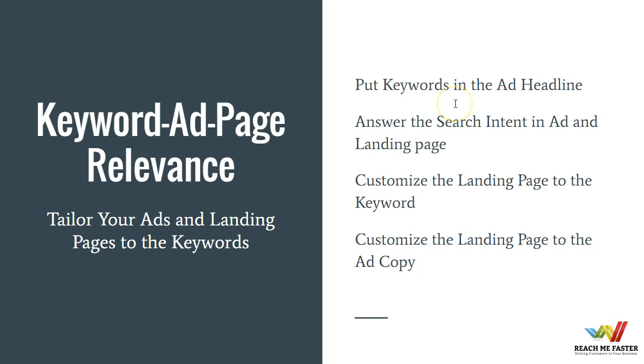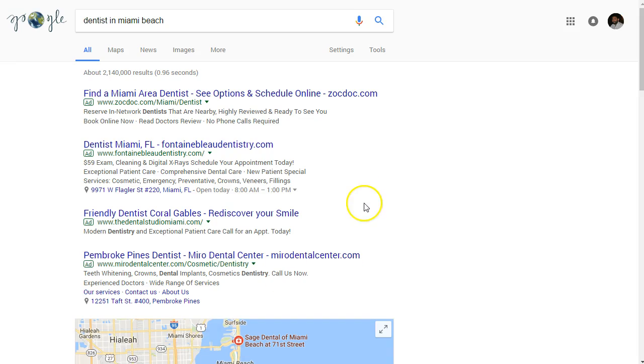I'll try to explain how you can make your ad relevant to the keyword, and of course the landing page relevant to the keyword and the ad combination. The easiest way of making your ad relevant to the keyword is to put the keyword in the ad headline. Let me show you an example over here.